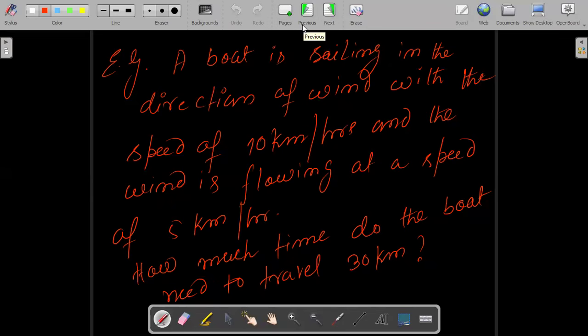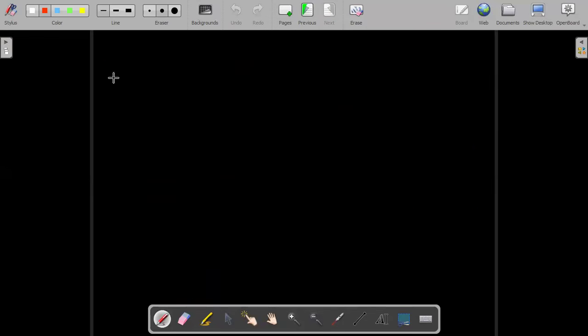So in this example, we have three elements, right? What are those elements? One is speed per hour. Another one is distance in kilometer.